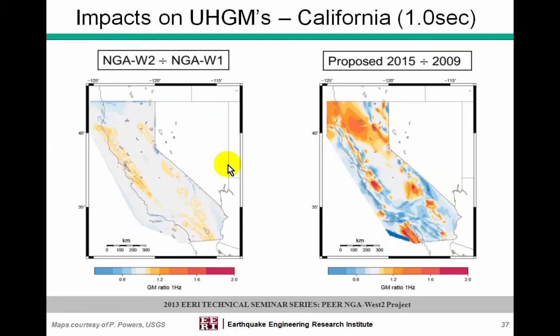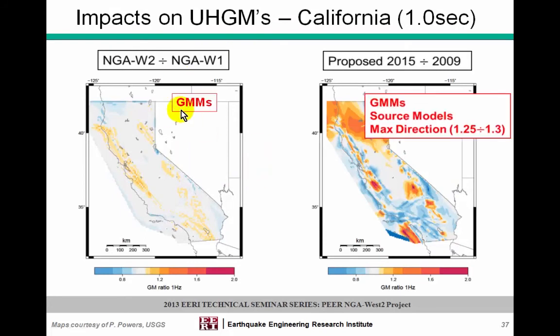Okay, so finally the couple maps I wanted to show. On the left here is the ratio of the uniform hazard ground motions, the 2% in 50-year ground motions, using NGA West 2 divided by using NGA West 1, everything else the same.